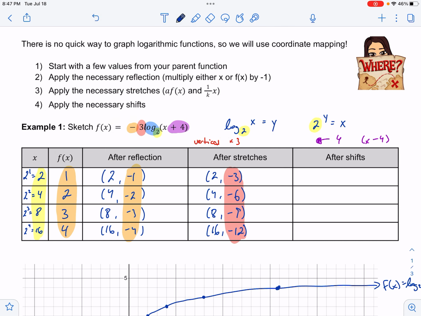In this case, our y values aren't changed from the last time we updated them, but from the x values I'm going to take away 4. 2 take away 4 is negative 2. 4 take away 4 is 0. 8 take away 4 is 4. And 16 take away 4 is 12. So I'm just going to highlight these so we remember that they match. This right here are the coordinates of our transformed function.